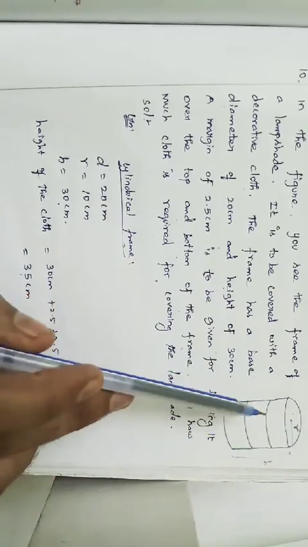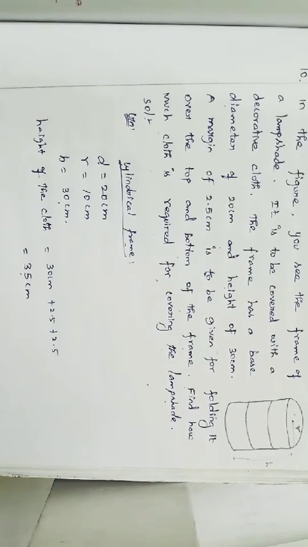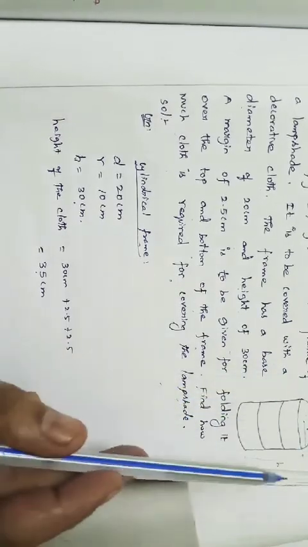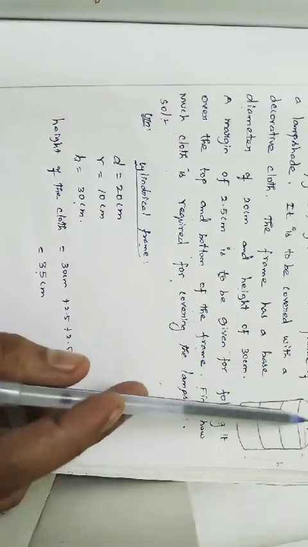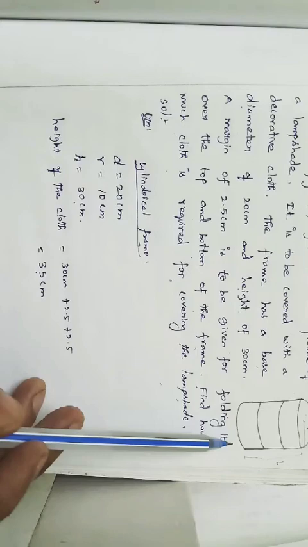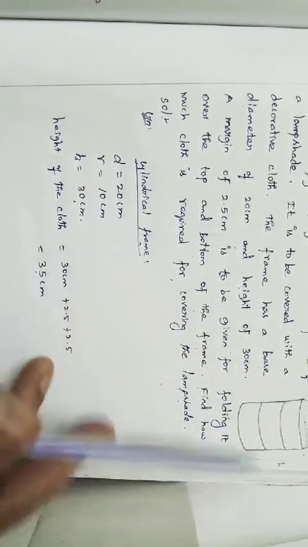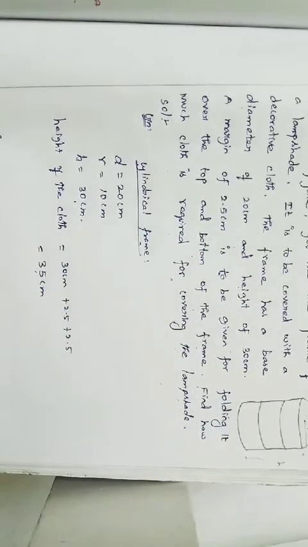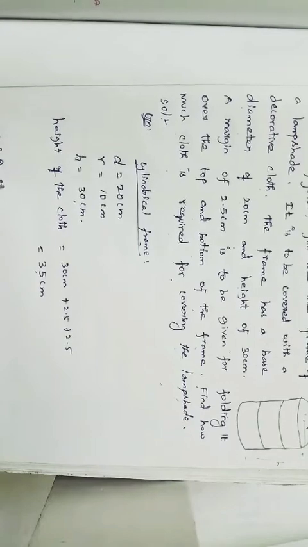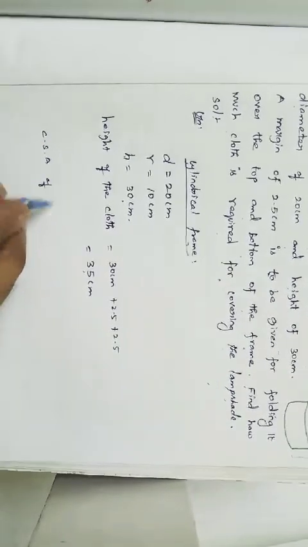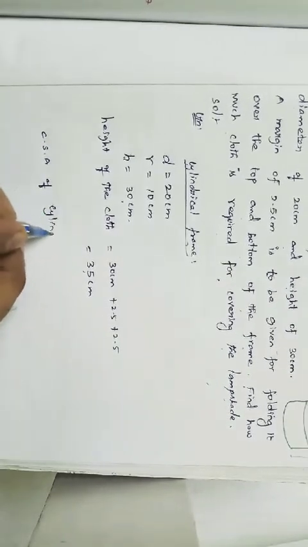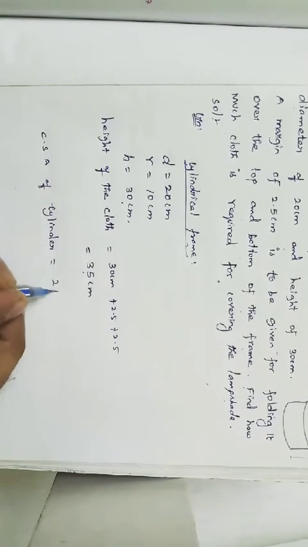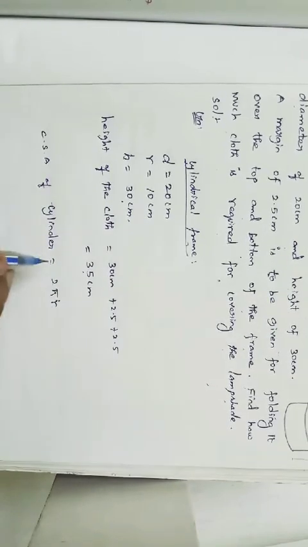So what we want to find, whether curved surface area or total surface area of a cylinder? We want to find CSA of a cylinder, right? Because we are not closing the top and we are not closing the bottom. Only we are covering the curved surface area alone. So CSA of cylinder is equal to, what is the formula? 2 pi r, this is the height of the cloth, right?